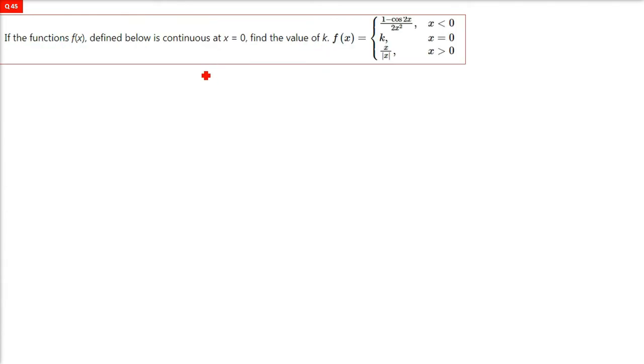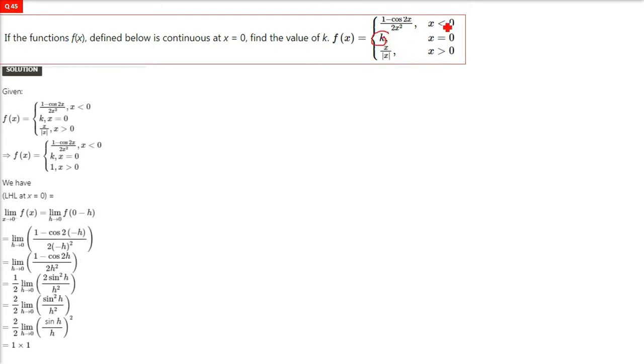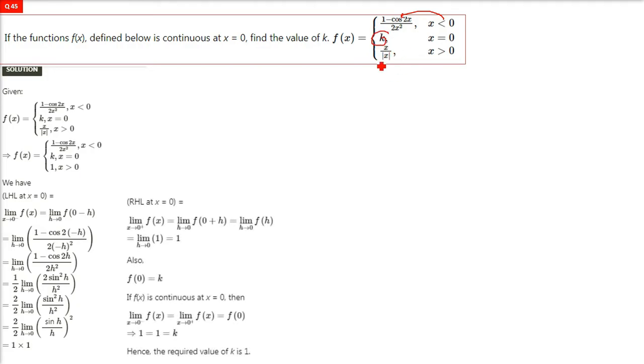If the function f(x) defined below is continuous at x equals 0, find the value of k. f(x) is given like this: 1 minus cos 2x by 2x square, k, and x by modulus of x. So for x less than 0, if you go left, it will be 1 minus cos 2x by 2x square. If you go right, it is going to be x by absolute value of x.